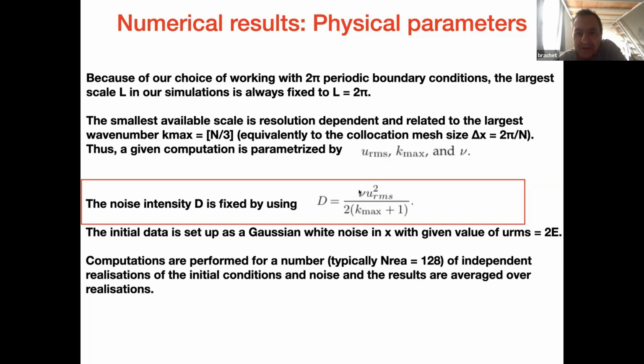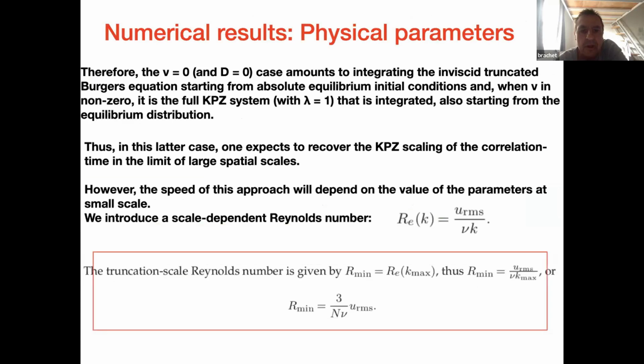So sorry, there are three things. In fact, I need to fix also nu to determine D. So at a given resolution and at a given U RMS, I have only one free parameter, which is the amount of viscosity I put.